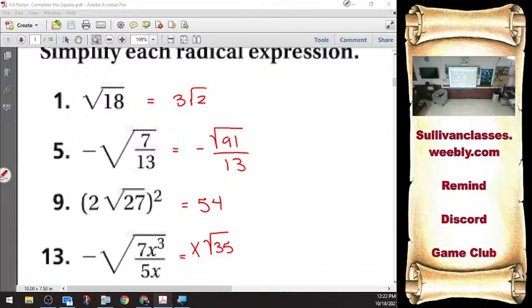If I'm squaring a radical, remember you have to square what's inside and outside. That's not 54, that's 108. There we go. Because square root of 27 squared is just 27, but then 27 times 4. Square what's outside, square what's inside, and then they get multiplied together. Okay?